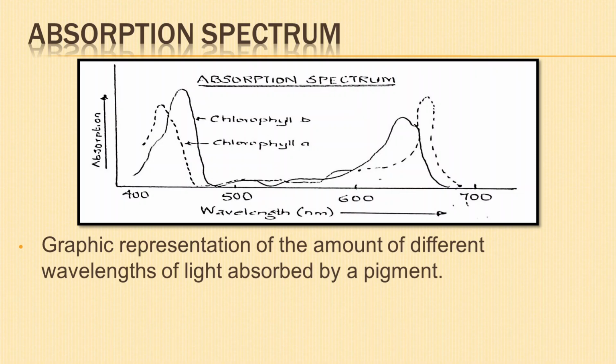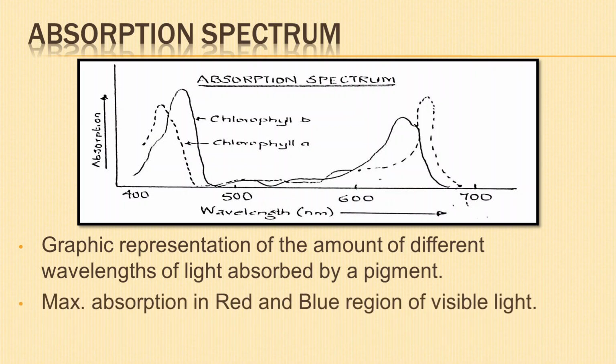Absorption spectra can be depicted by wavelength on the x-axis and the degree of light absorption on the y-axis. Maximum absorption of visible light by photosynthetic pigment occurs in the red and blue region and little absorption in the yellow and orange region of the spectrum.